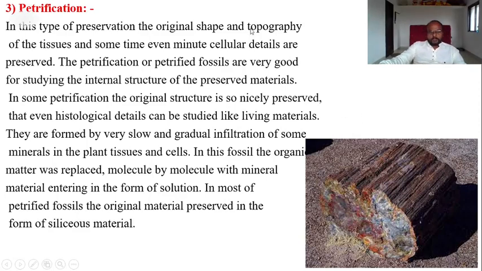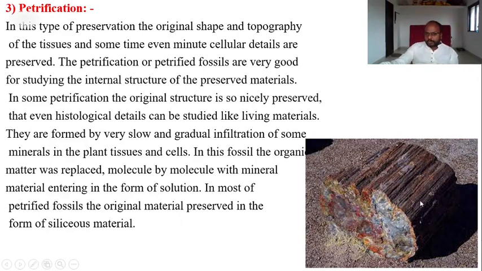So the third type is petrification. Petri is nothing but the formation of rock, and therefore this is called petrification. In this type of preservation, the original shape of the material, the topography of the tissue and sometimes even minute cellular details are preserved. So this is a very valuable fossil type.